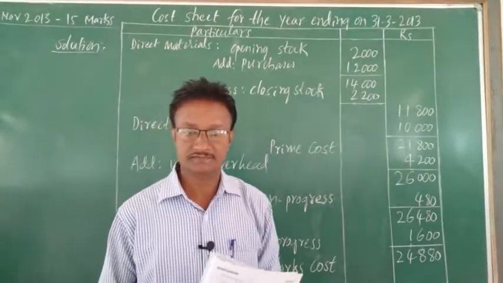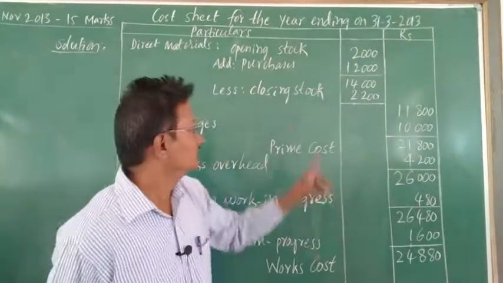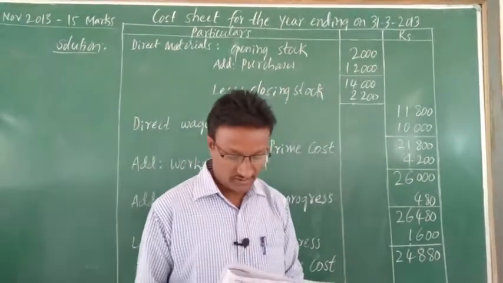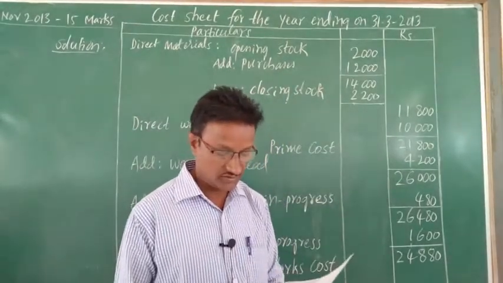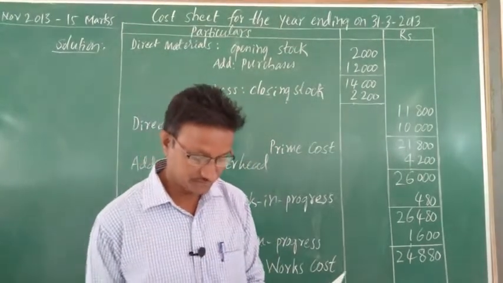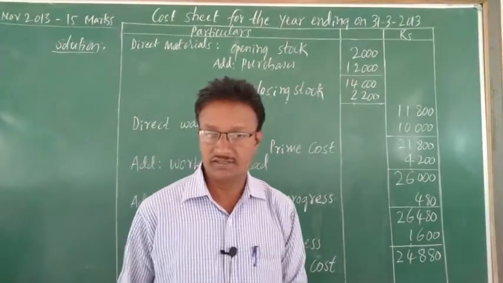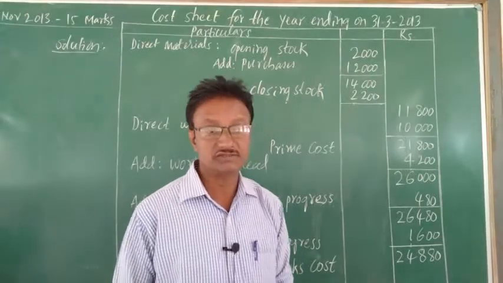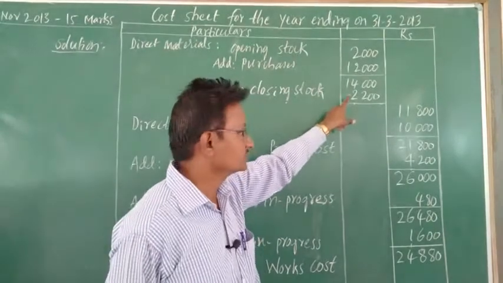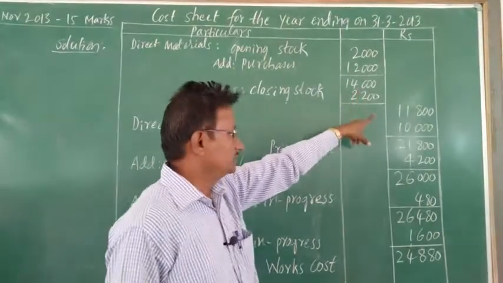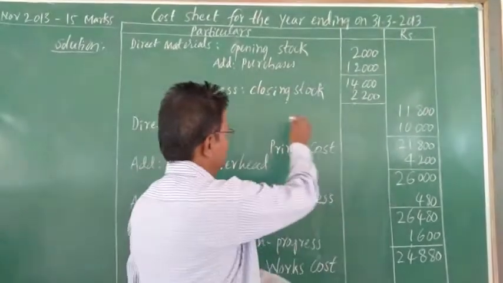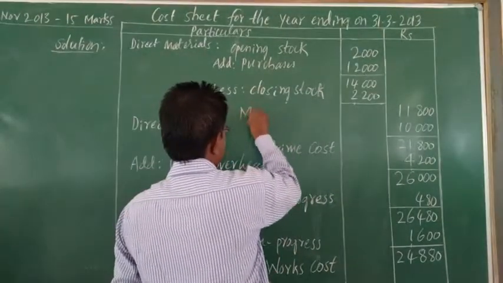From this you have to deduct the closing stock of raw material. Here closing stock, that is stock on 31st March 2013, is 2200, and the remaining value is 11,800. It is materials consumed.